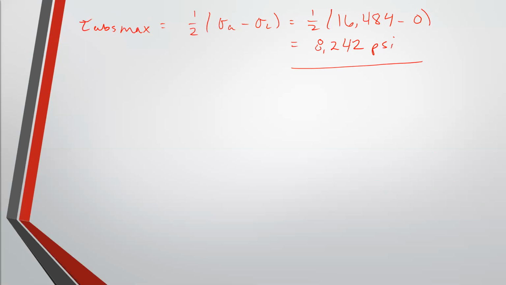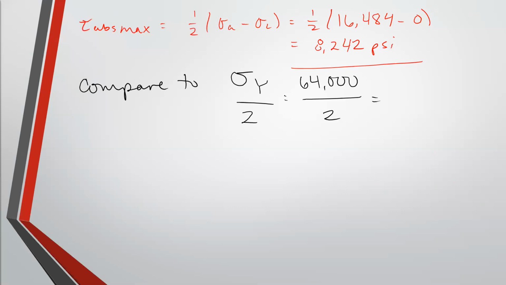But we want to compare that to yield stress over 2, because that's the shear stress at which uniaxial would yield. So 64,000 was given in the problem. So 32,000 would be the sigma y over 2. So have we yielded? No, we're less than 32.